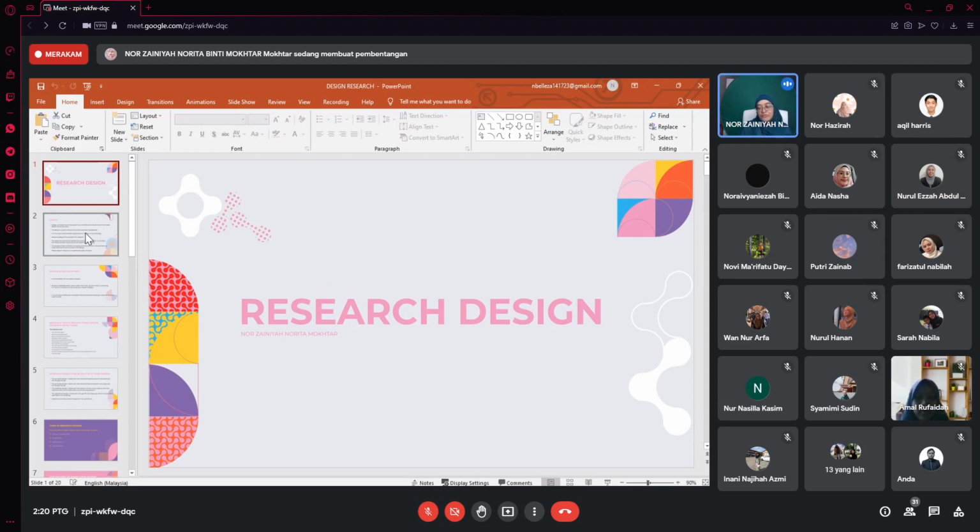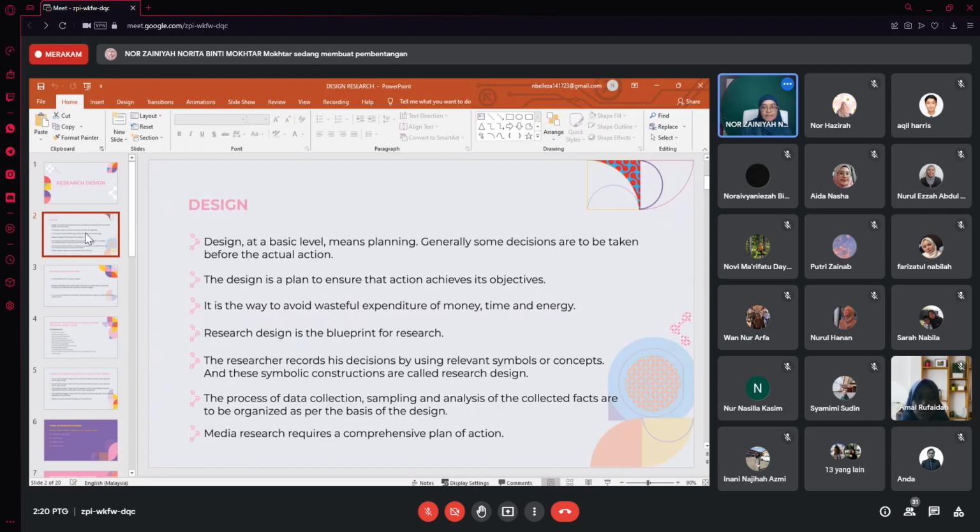Why is my slide not moving? There you go. So we have to understand, in order for us to identify, we need to know what it looks like. When we talk about research design, it's basically a plan of how the research is going to be laid out on paper.